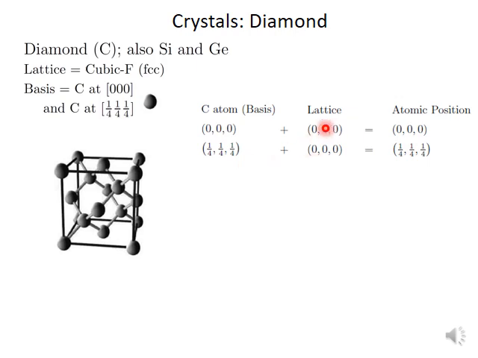We place one basis atom of carbon at 0, 0, 0, which means exactly at the lattice point, and the other at 0, 0, 0 plus a quarter, a quarter, a quarter, which is this distance away from this lattice point. So you get these two atomic positions, which give you this atom and this atom.